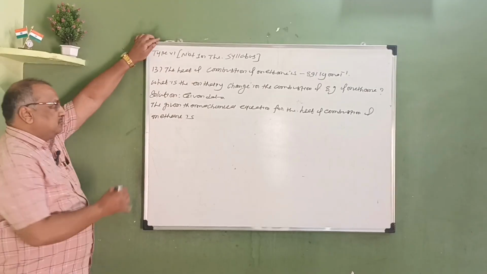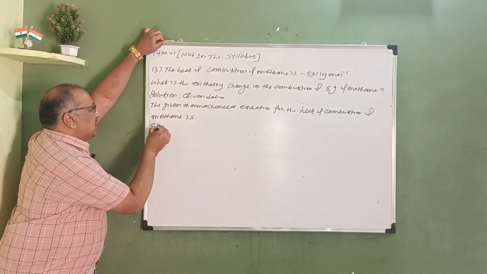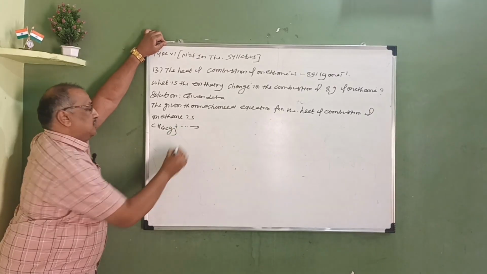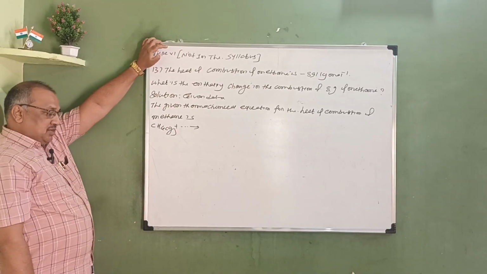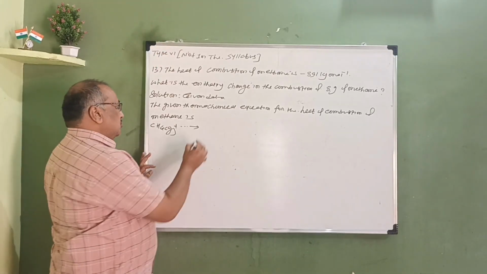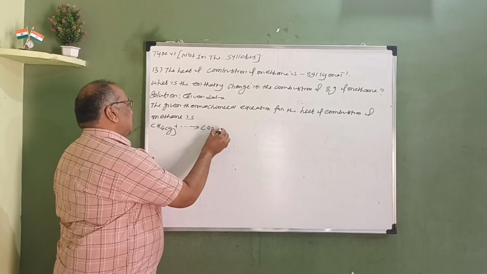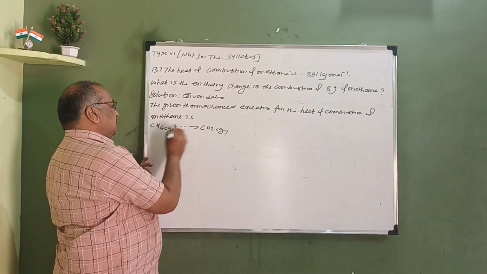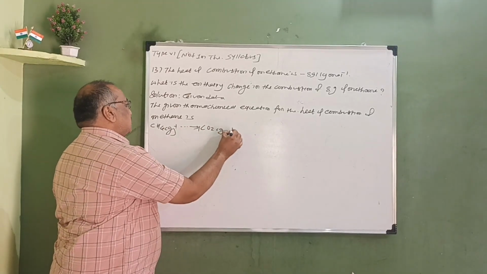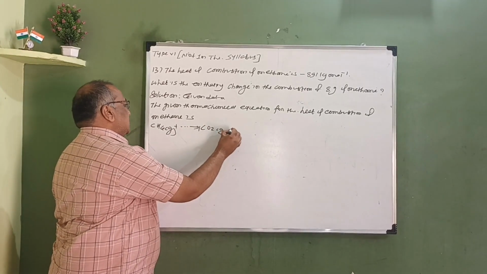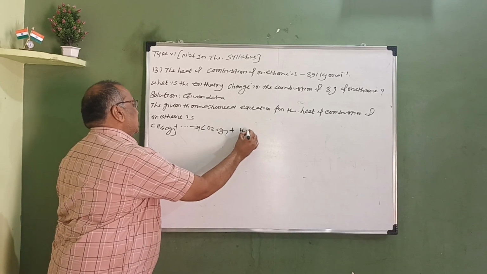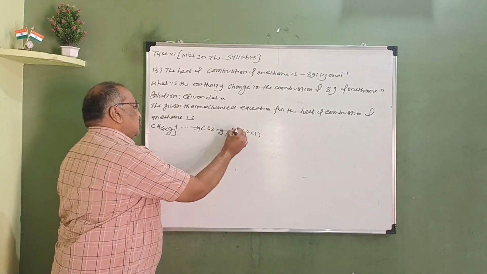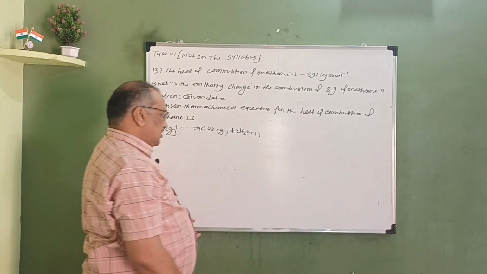That means here CH4 gas plus O2 gives, this carbon is converted into CO2 gas, but here there is only one carbon atom. Here write down 1 CO2 plus hydrogen is converted into water, but there are 4 hydrogen atoms, so here write down twice.